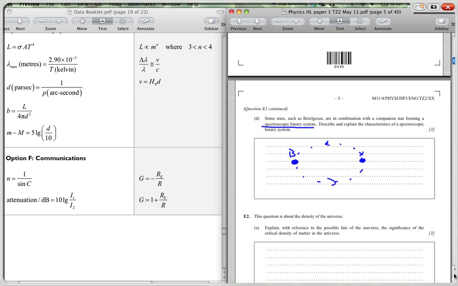If the Earth is over here, when B is coming this way, the light coming towards us will be blue shifted, and the light from X will be red shifted.